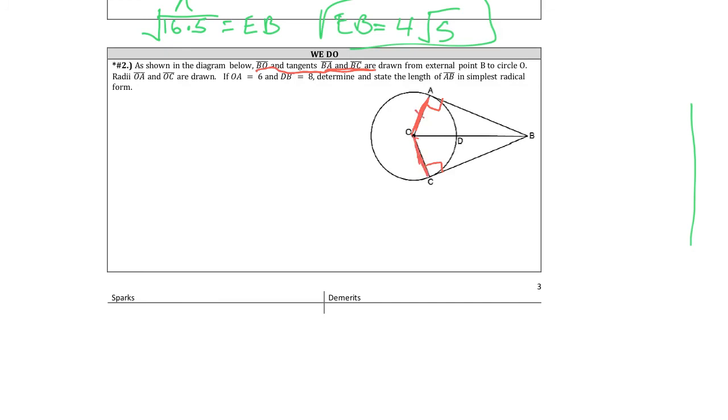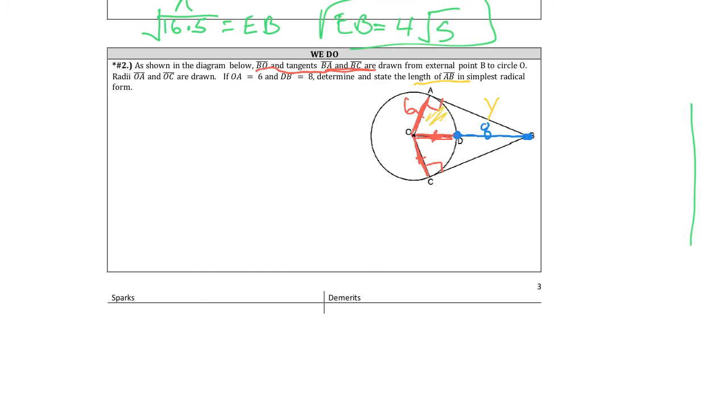So those are the same. And this is a radius. So it's all the same radius for a circle. So OA is 6. DB, so from here, D to B is 8. Determine the length of AB in simplest radical form.